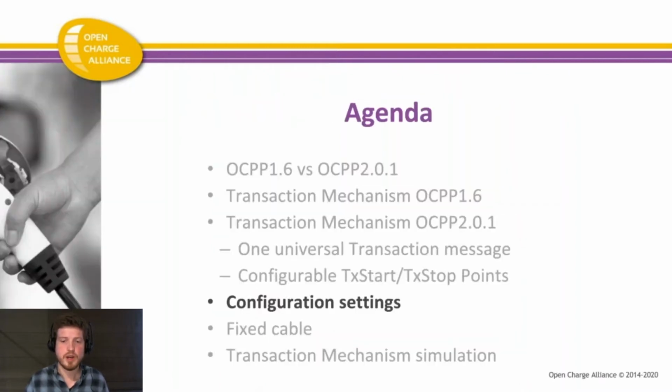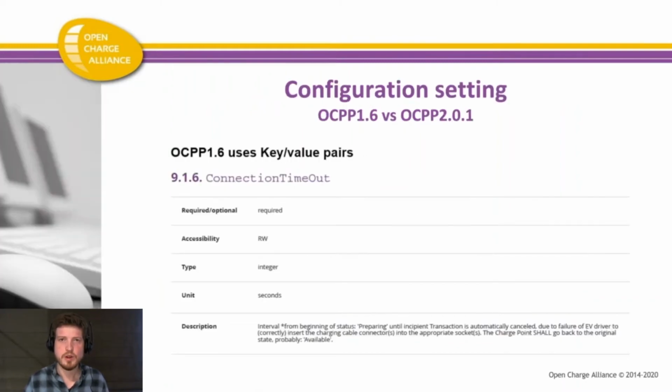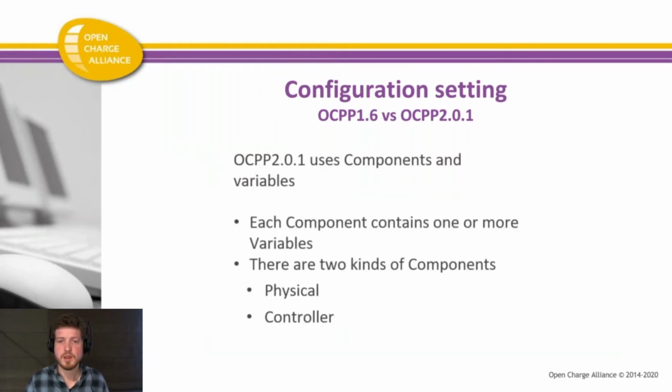Now I want to have a look at the configuration settings. In OCPP 1.6, key-value pairs were used. I've shown here an example of a configuration setting which still exists in both 1.6 and 2.0.1. So the key would be the ConnectionTimeOut, and the value can be configured to a number of seconds, 60 for example.